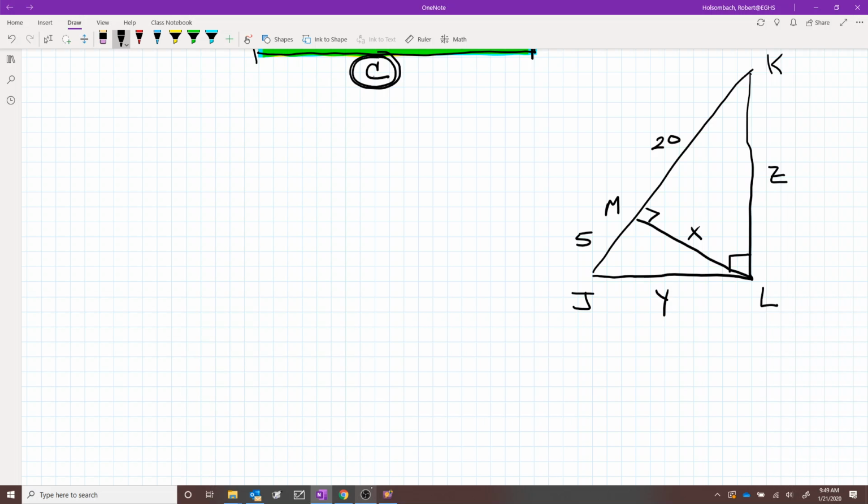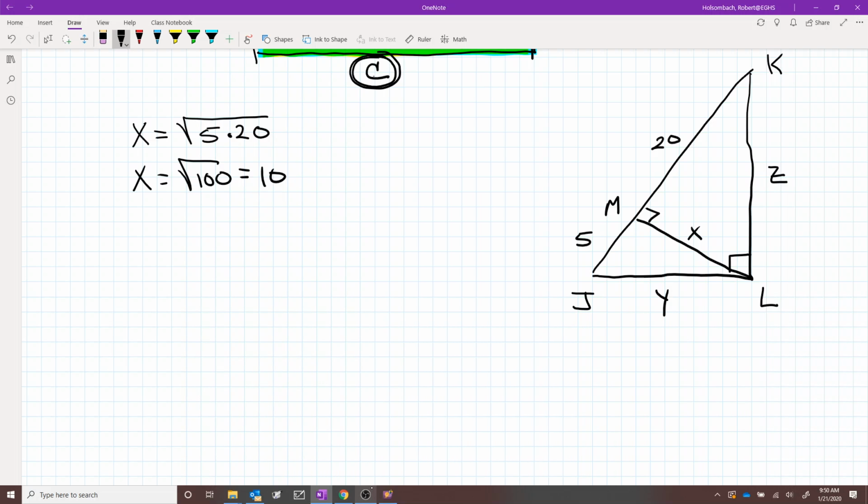Alright, so the first rule that you got today said that your x is equal to the square root of 5 times 20. Agreed? The length of the altitude is equal to the geometric mean of the two pieces it creates. So your x here is equal to the square root of 100, which equals 10.